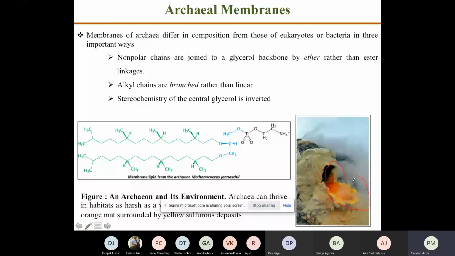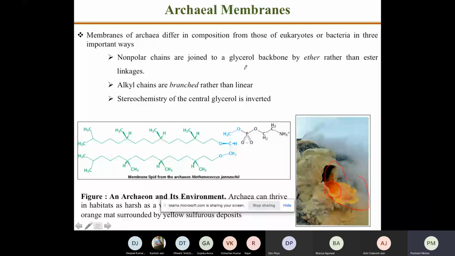Here you are seeing an orange colored mat. This mat is the archaeal membrane. They can be present near these yellow sulfur deposits, and on top of it archaea is present. This archaea is living at a very high temperature, and to survive here, they have certain modifications in their structure.